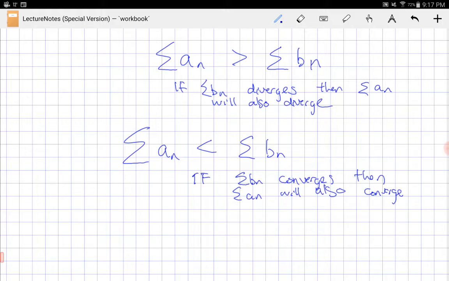And alternatively, if an is less than bn and bn diverges, so bn increases unbounded, then we don't know if an is also increasing unbounded or if an just converges somewhere. So these are the two meaningful comparisons. Don't make the other comparisons because they're not useful.